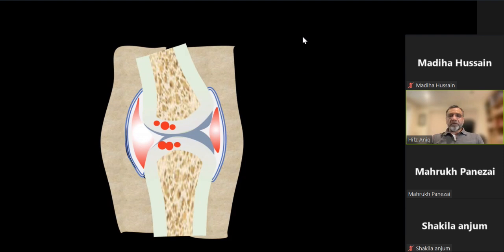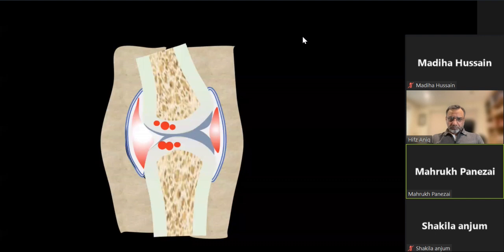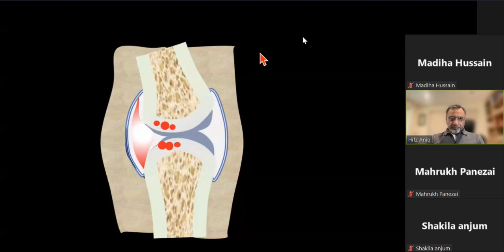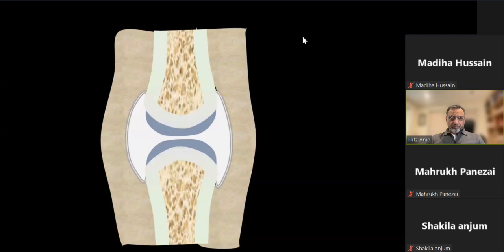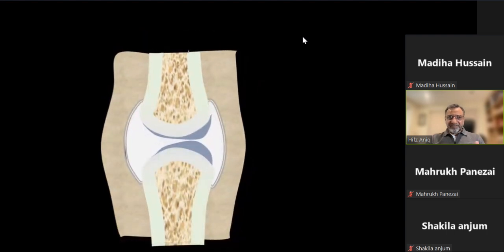Any question about it? Sir, can you please summarize it once more? So let's go back. This is a normal joint. When there is osteoarthritis, there will be loss of cartilage, uneven loss of cartilage, meaning uneven space reduction, as we saw in the cases in the IP joints.